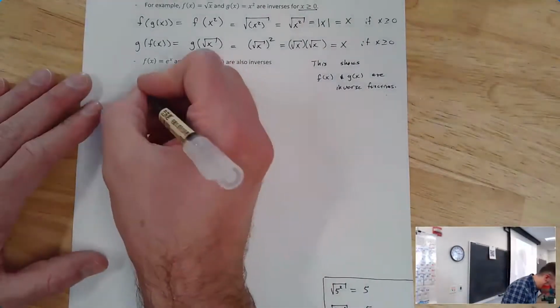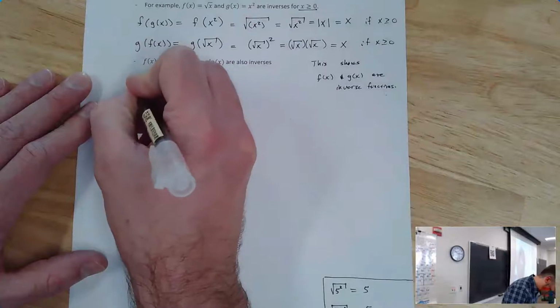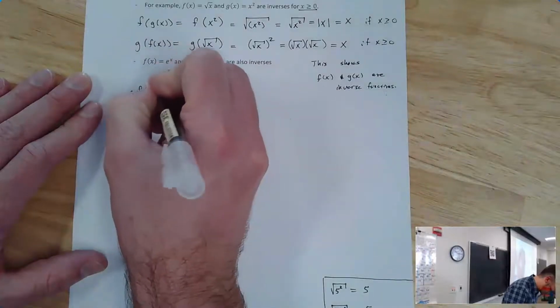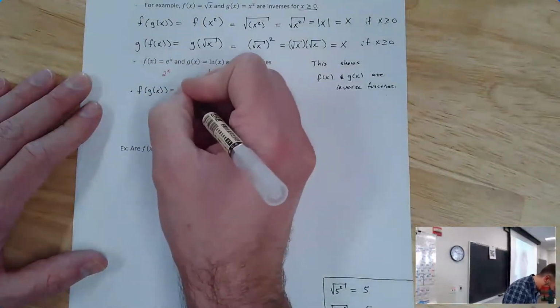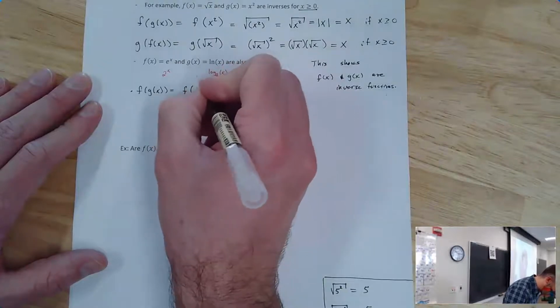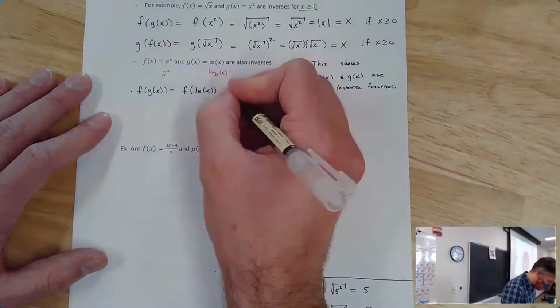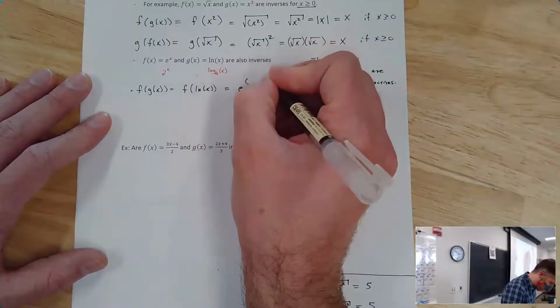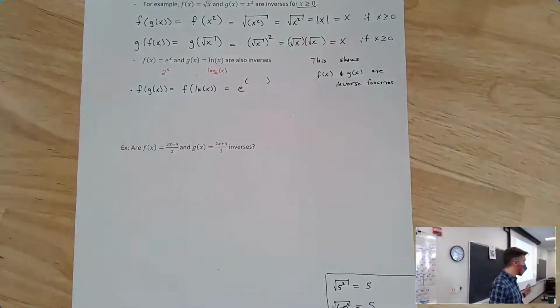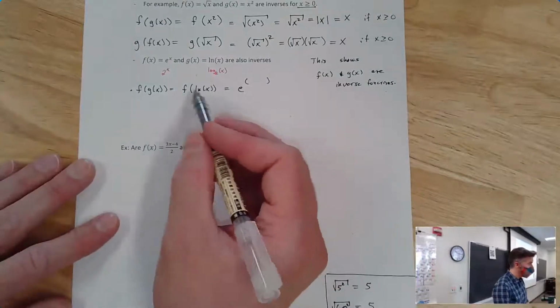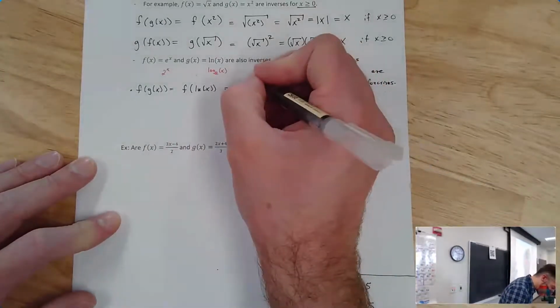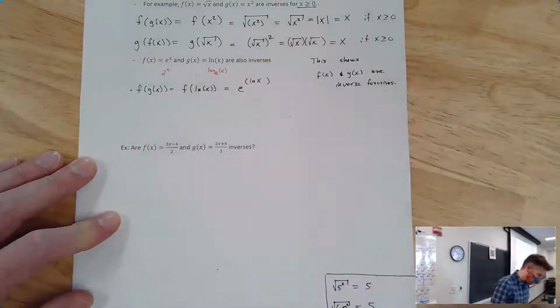You show they're inverses by saying, okay, f of g of x is f of the natural log of x. And then f of some stuff is e to the stuff. Right? Instead of e to the x, it's e to the whatever's in the parentheses, which is e to the natural log of x.